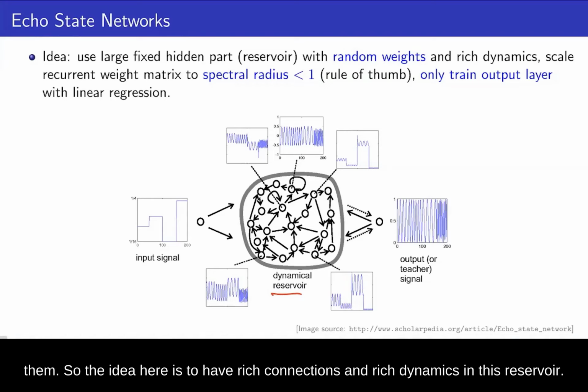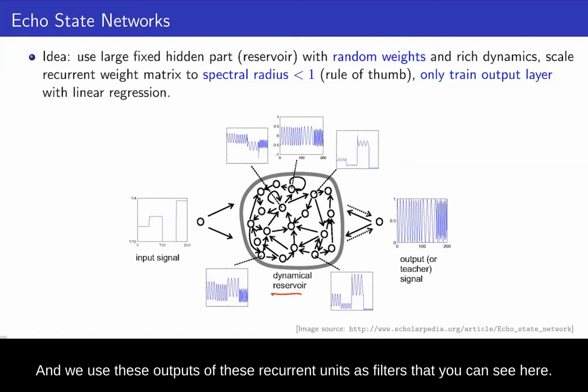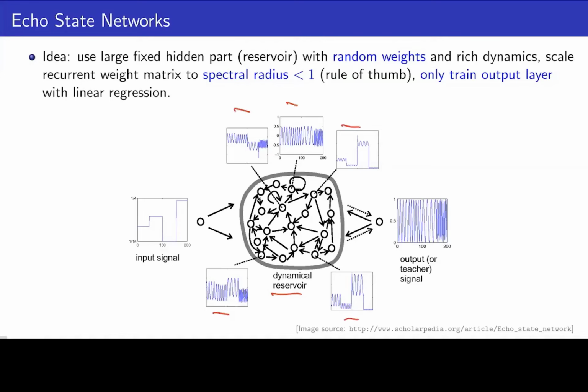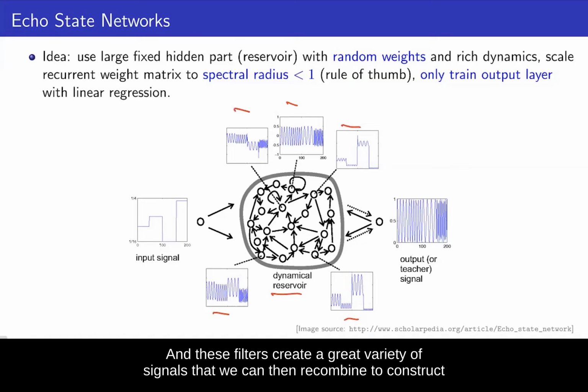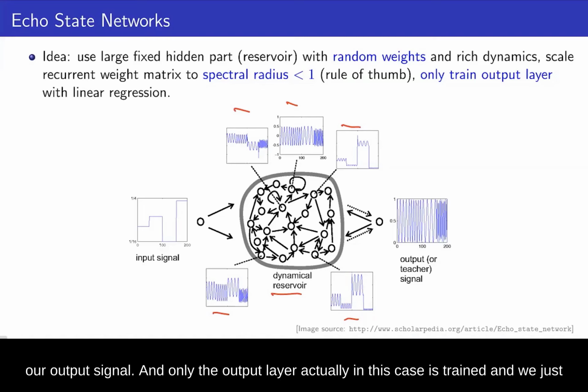So the idea here is to have rich connections and rich dynamics in this reservoir. And we use these outputs of these recurrent units as filters that you can see here. And these filters create a great variety of signals that we can then recombine to construct our output signal.